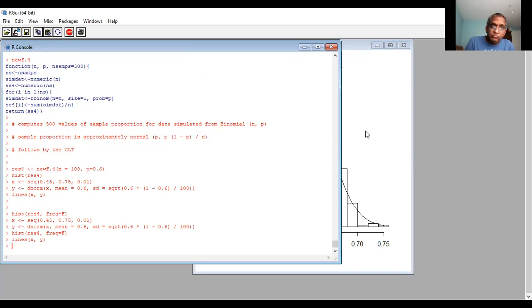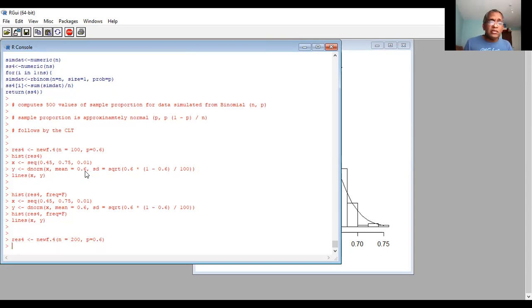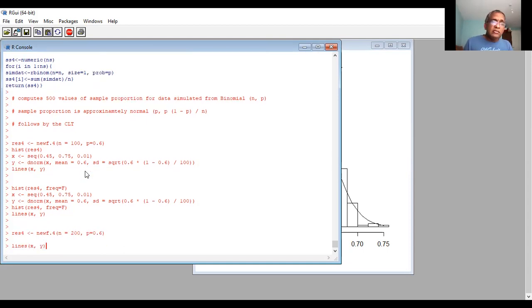Okay, now let's try this with a different value for n. Let me change n to, say, 200, right? Change this to 200. Then do a histogram with the frequency equal to f.